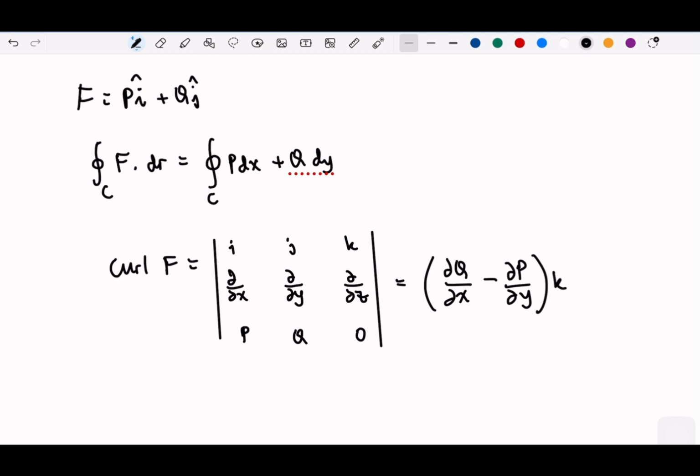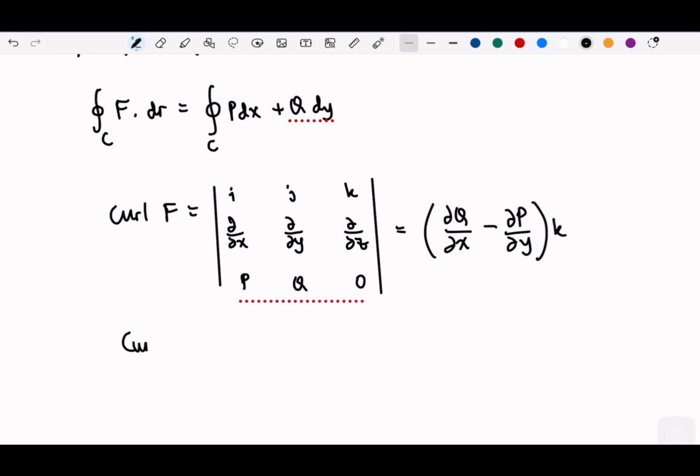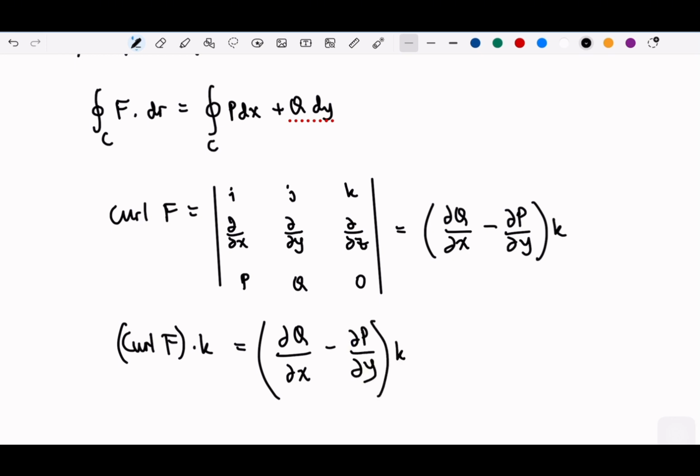So if we take the curl f and then dot with k, and the k will be removed, right?